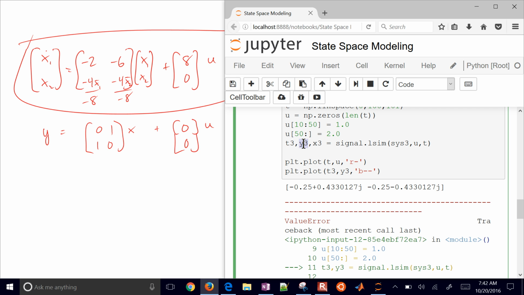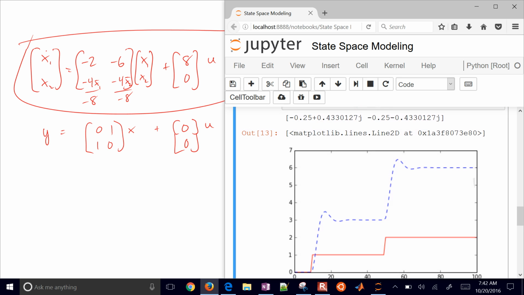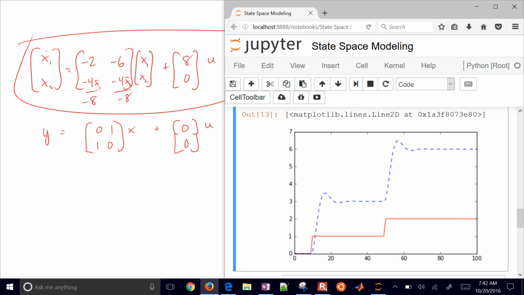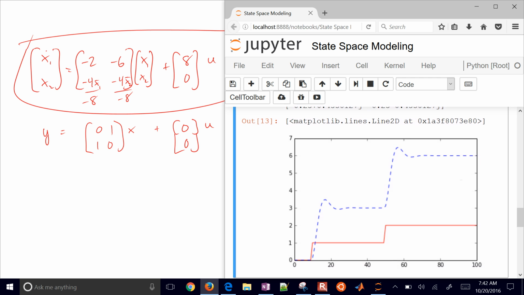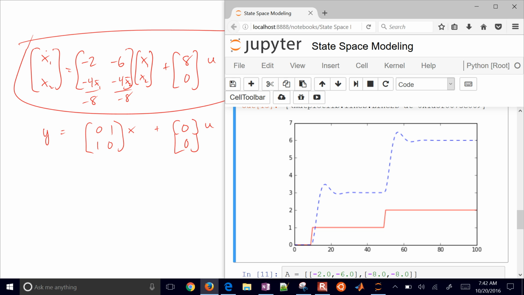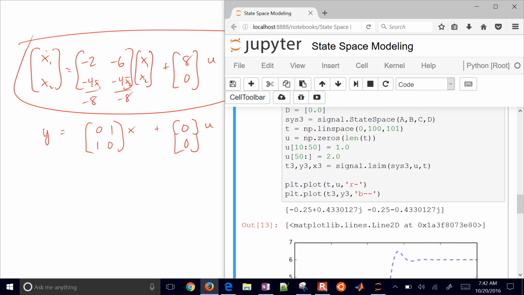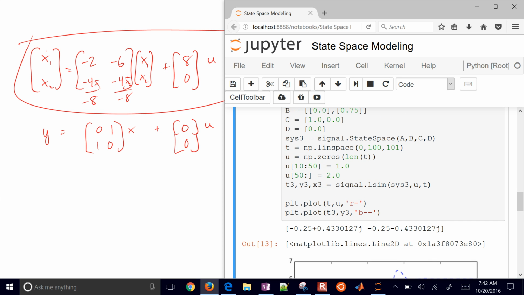So I'm just going to have the time and the Y values, the time and the output. Okay, and so there's the input and also the output for this linear simulation. So you can give these linear time invariant models, these state space models, any sequence of inputs, and you'll be able to simulate the output with the LSIM command.